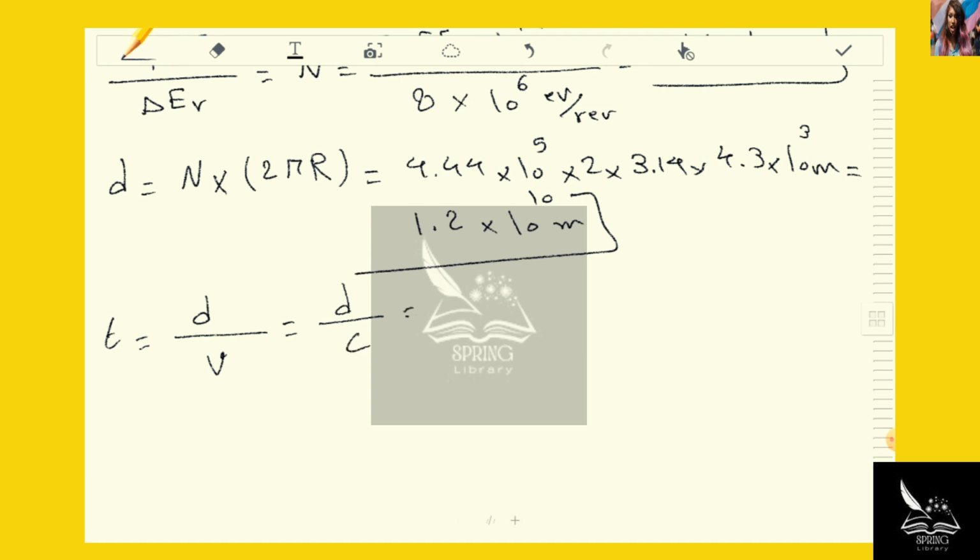So we can say time is equal to 1.2 times 10 to the 10 meter divided by 3 times 10 to the 8 meter per second. And this is equal to 40 seconds.